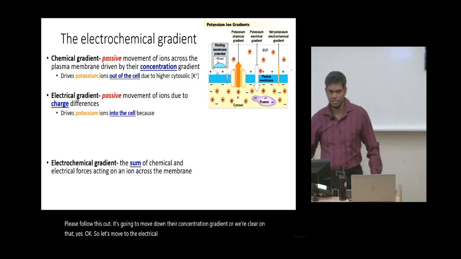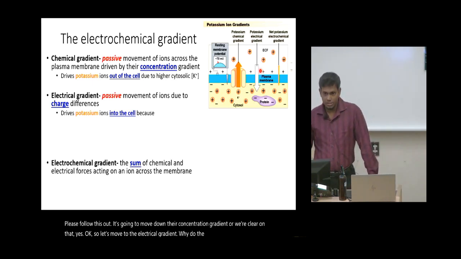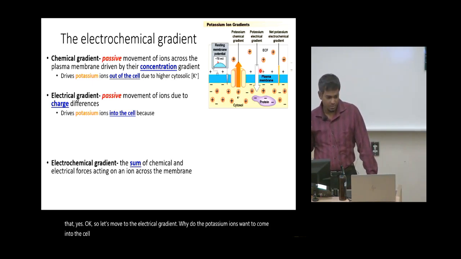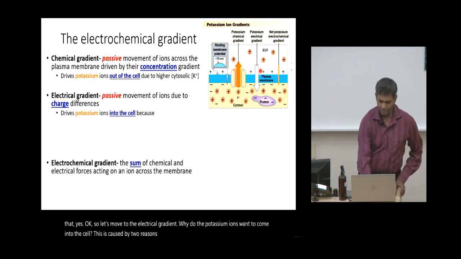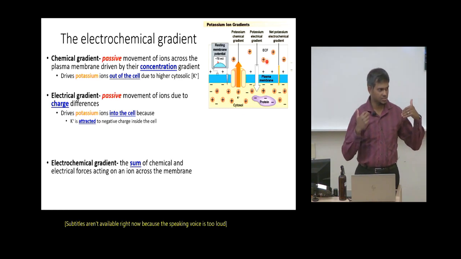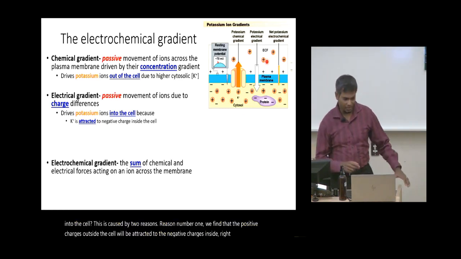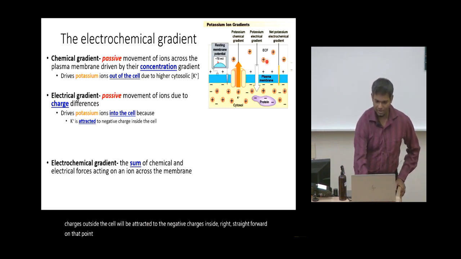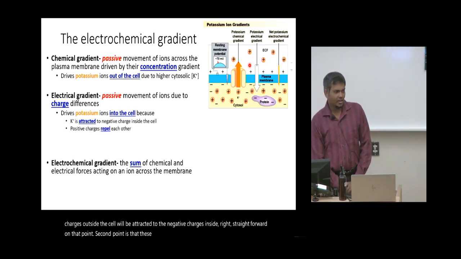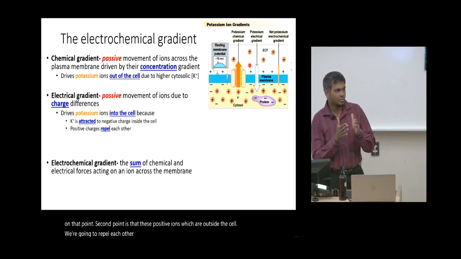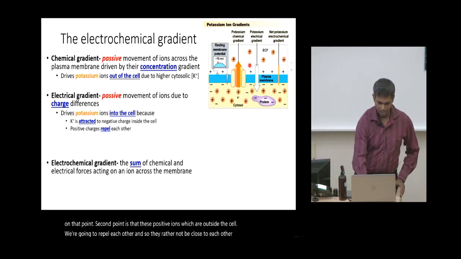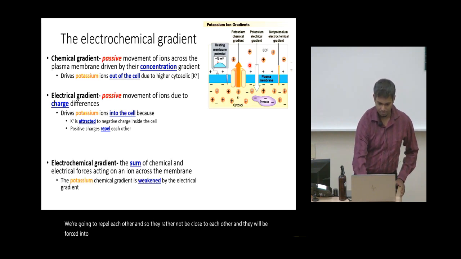Why do the potassium ions want to come into the cell? This is caused by 2 reasons. Reason number 1, the positive charges outside the cell will be attracted to the negative charges inside. Second, these positive ions which are outside the cell are going to repel each other. They would rather not be close to each other, and they will be forced into the cell.